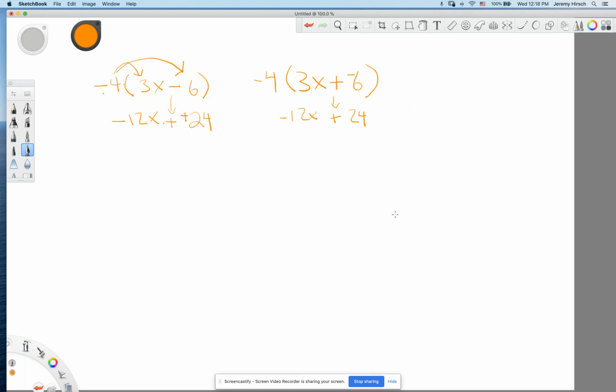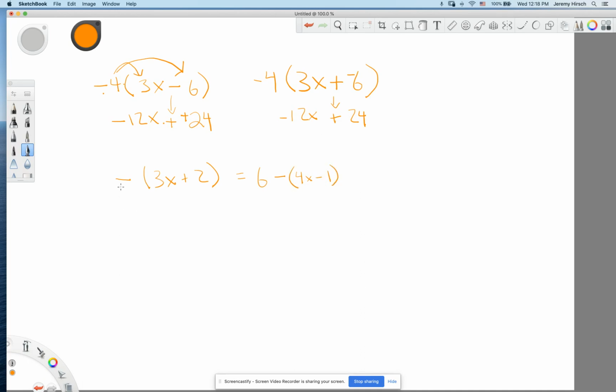Okay? There's one piece that I want to show you that I maybe didn't show you before, and it's in your homework. What do we do if it's 3x plus 2 equals 6 minus (4x minus 1)?